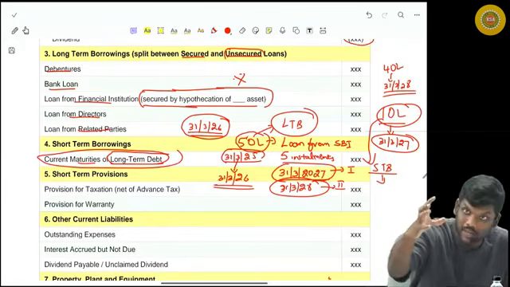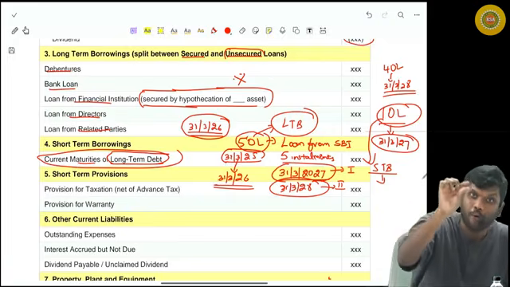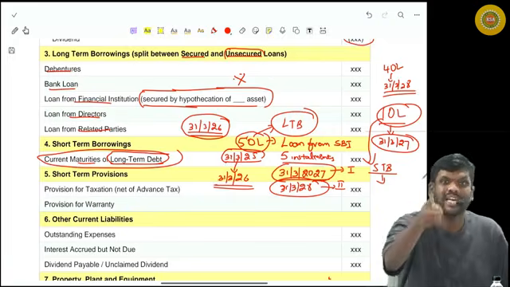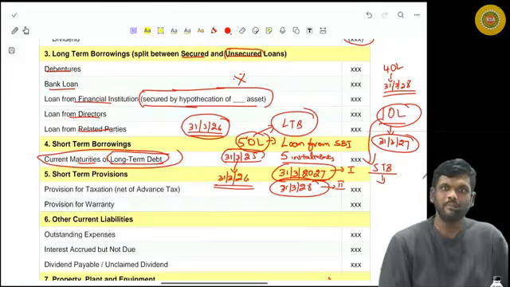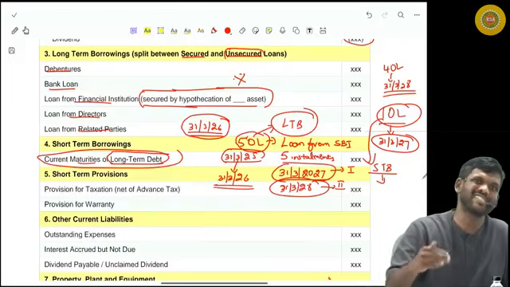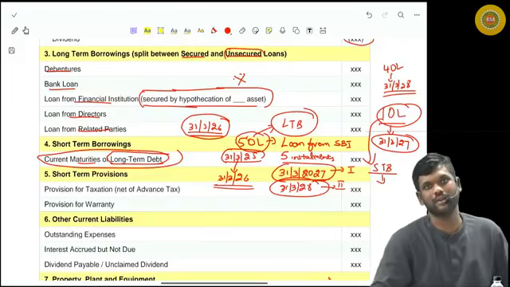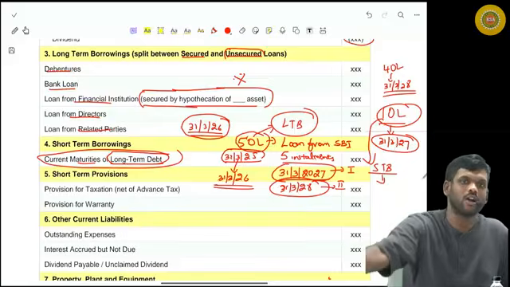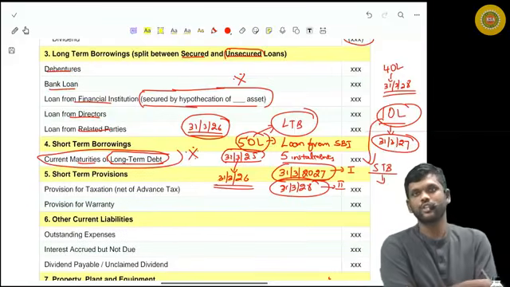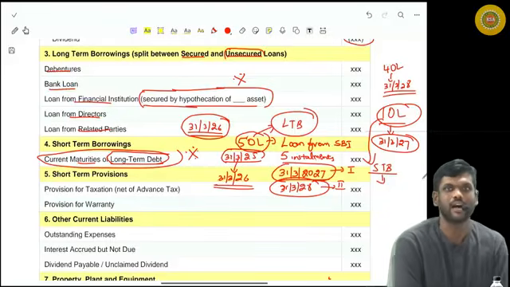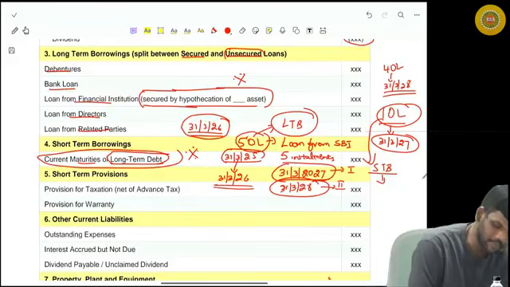This is a long-term debt. Out of that, one portion is payable within 12 months. That portion is called current maturities of long-term debt. The remaining 40 lakhs, which is actually payable after 12 months, will be shown under long-term borrowings. Hope you have clearly understood this. So ensure that you show this perfectly as current maturities of long-term debt.